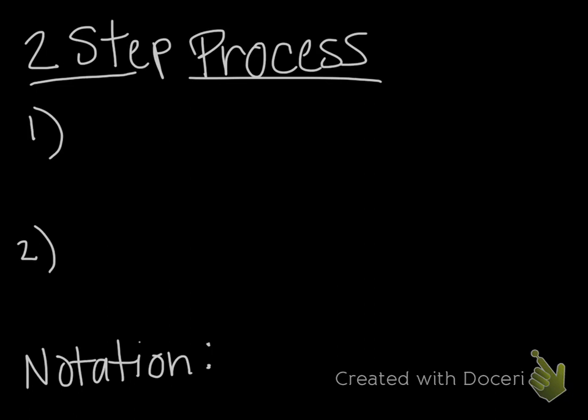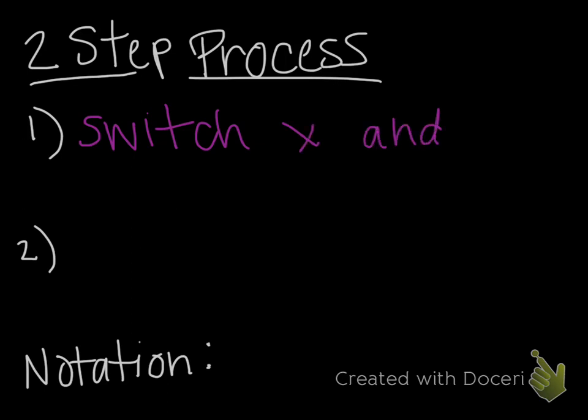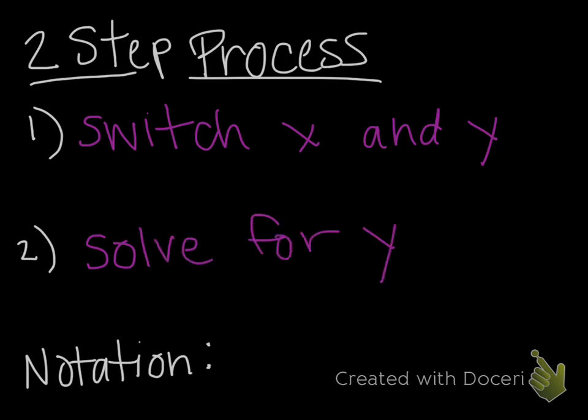On the next page, we're going to talk about how to find the inverse algebraically. Step 1 is going to be to switch x and y. Step 2 is going to be solve for y. Step 2 is your subjective step because there is no one clear-cut way in which you solve for y.